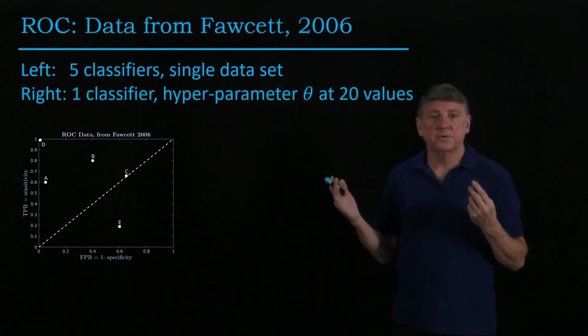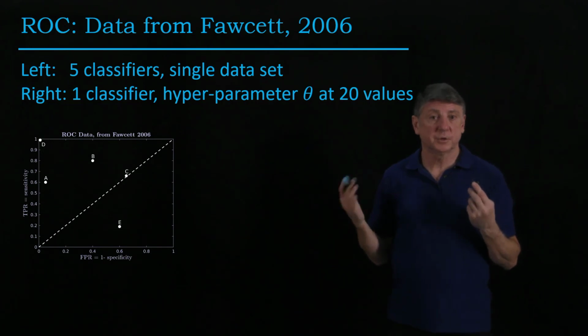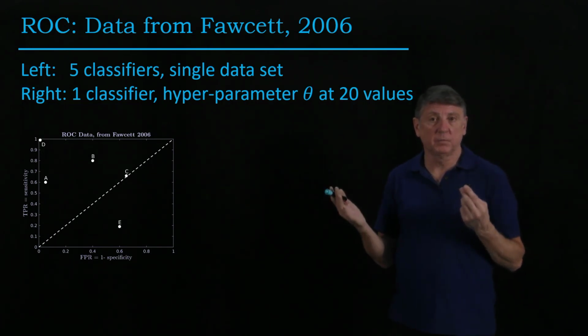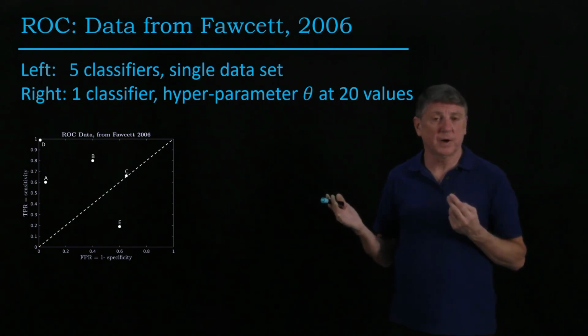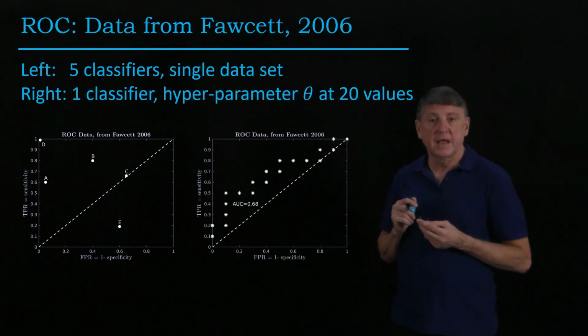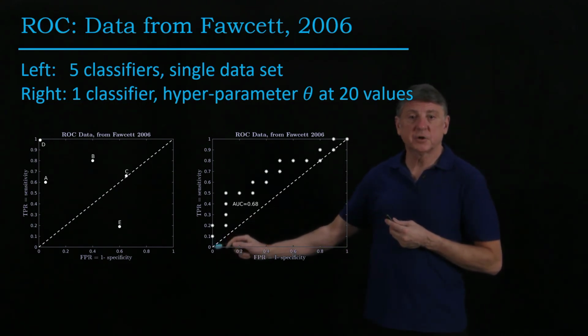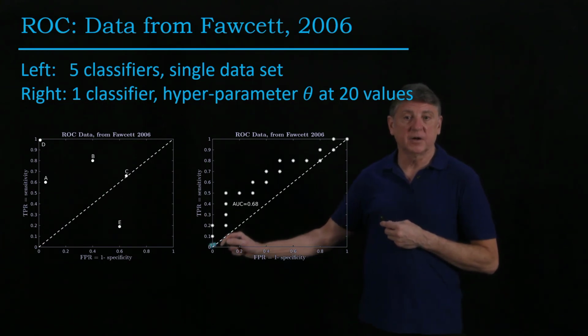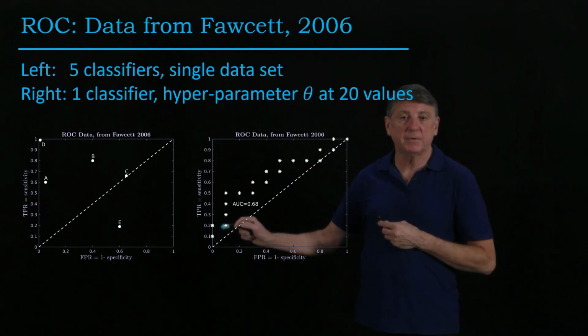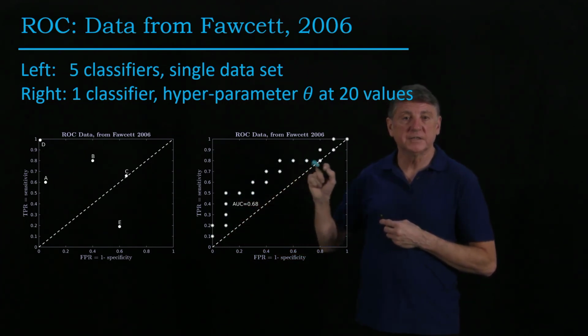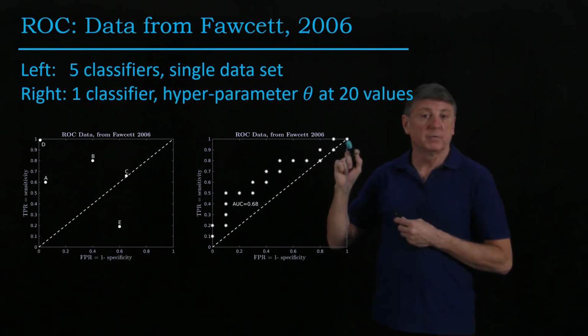The author also presents us with scores and asks us to go through a problem in which we vary a hyperparameter by 20 values. When we do, this is what we get. It starts out at one hyperparameter value with basically 0, 0, and then as we change the parameter, this discrete function increases until finally we arrive here.